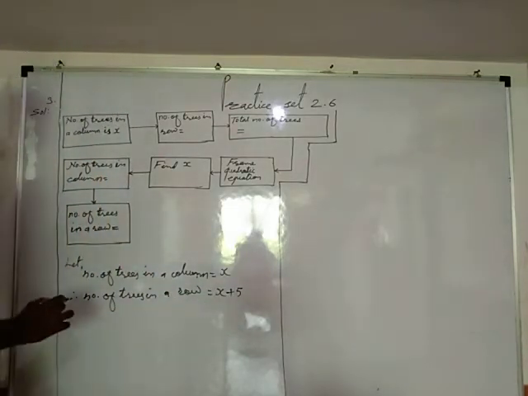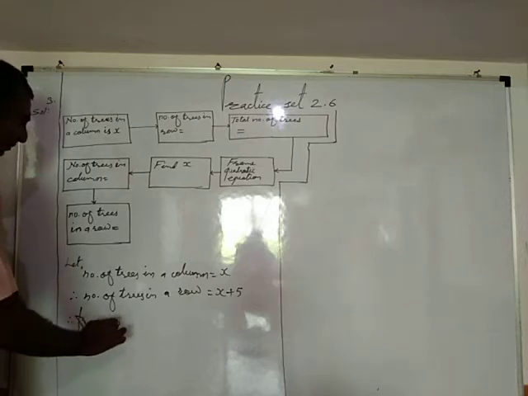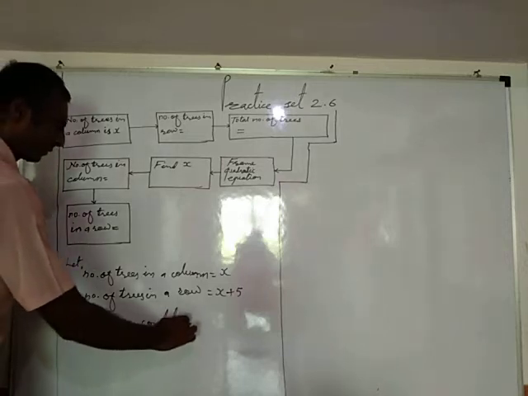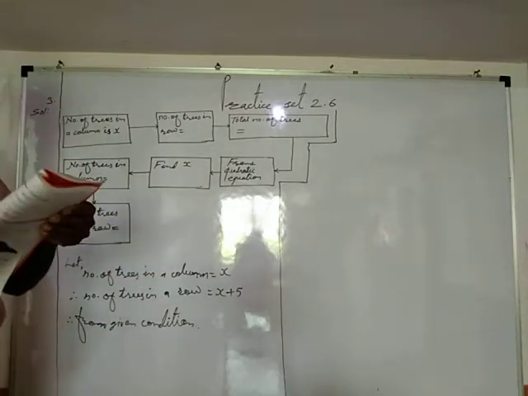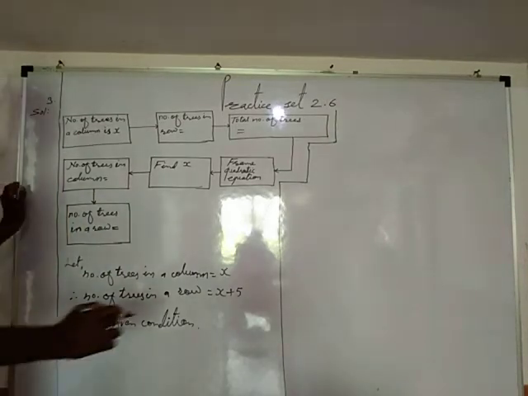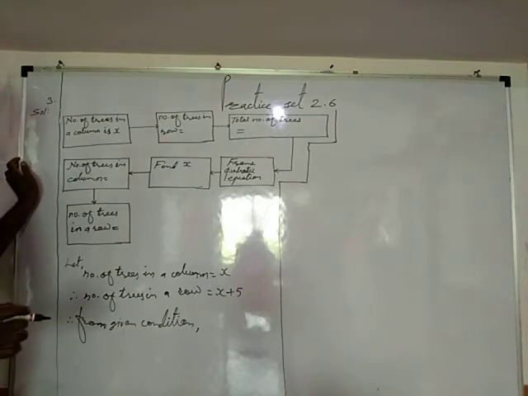And therefore from the given condition, okay, what is the given condition? The total number of trees are 150. And we know that, how can we find the total number of trees? Yes, by considering the product of number of trees in a column and number of trees in a row.